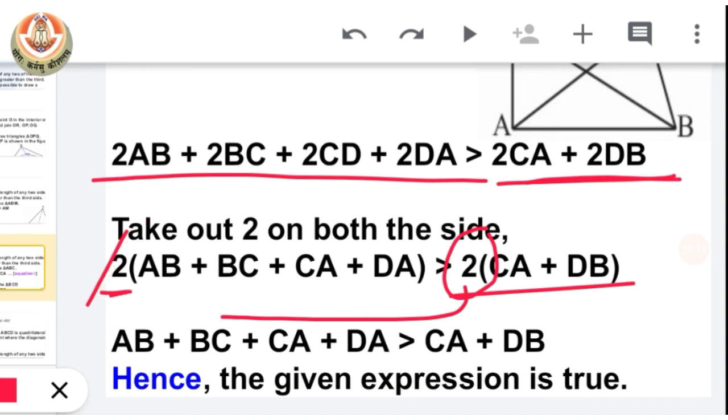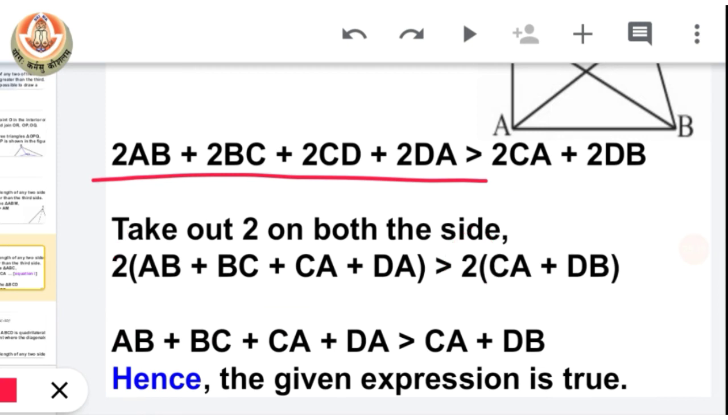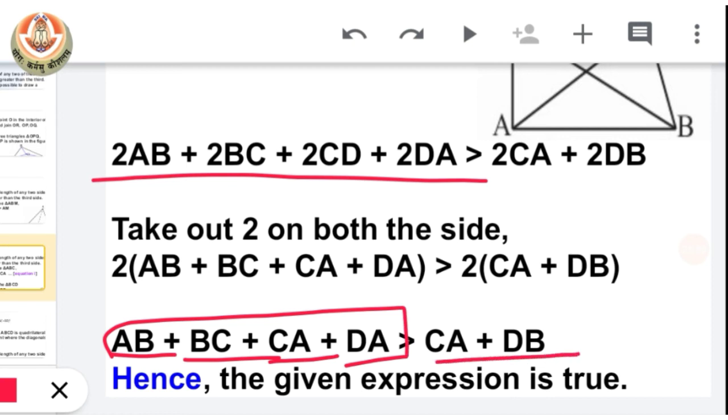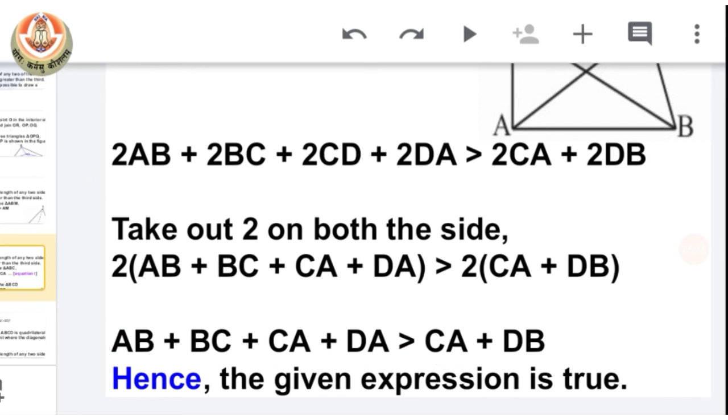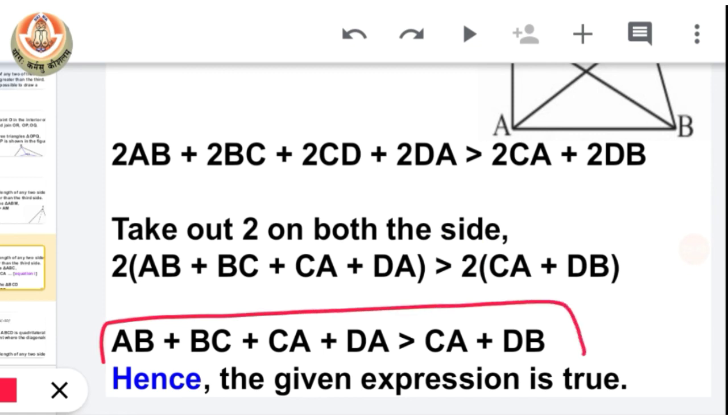Now what we have after this is just AB plus BC plus CD plus DA. They are the sides of the quadrilateral, and on the other side we have AC plus DB, which are the diagonals of the quadrilateral. And this is what we have to prove. So that means the given expression is true.